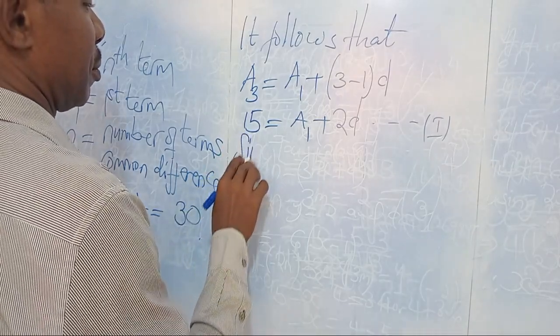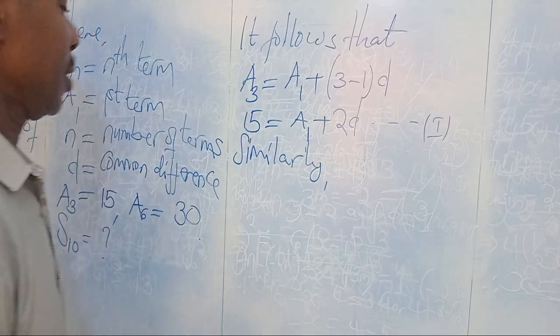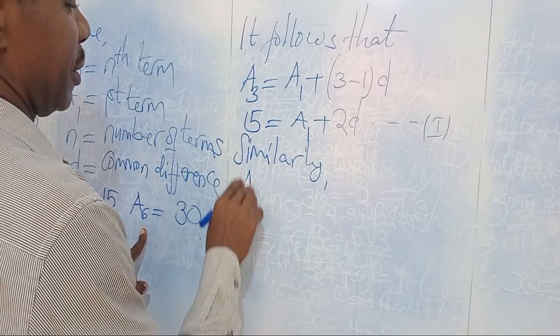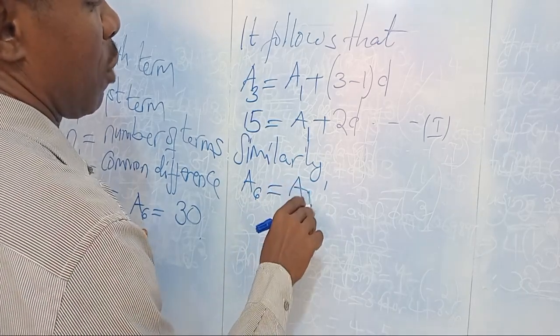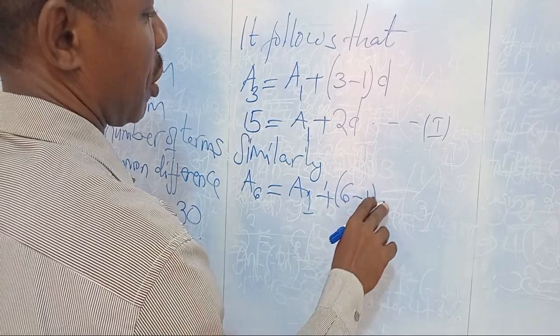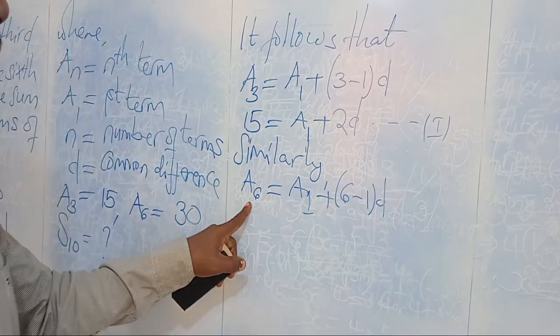Similarly, A6 is given by the formula A1 plus 6 minus 1 times d. What is this value?